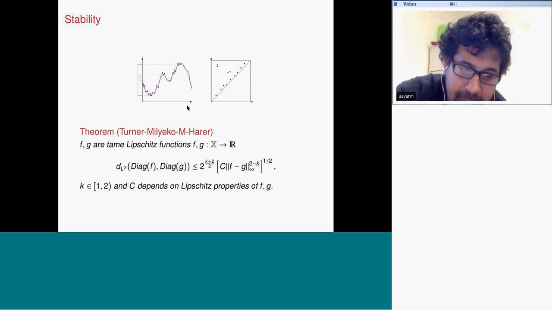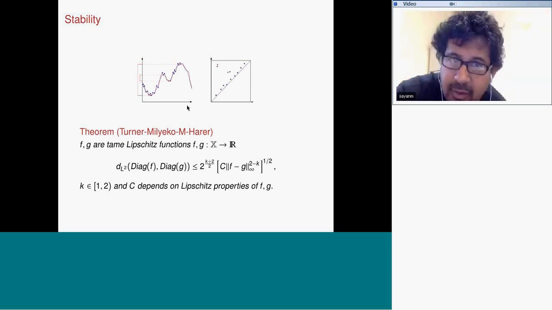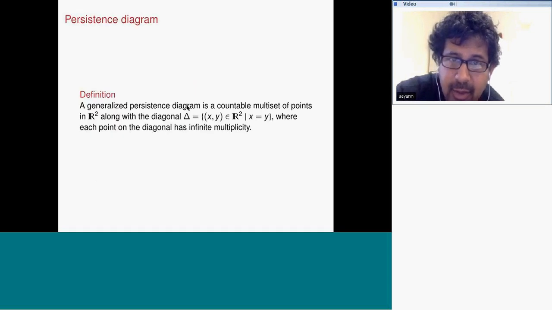So one argument is that this may be a reasonable summary statistic because it's stable. Perturbations of your actual functions will cause only small perturbations in the distance between diagrams.